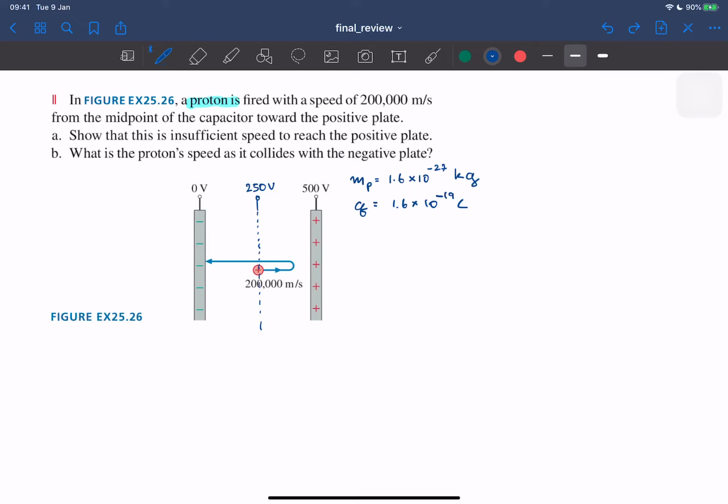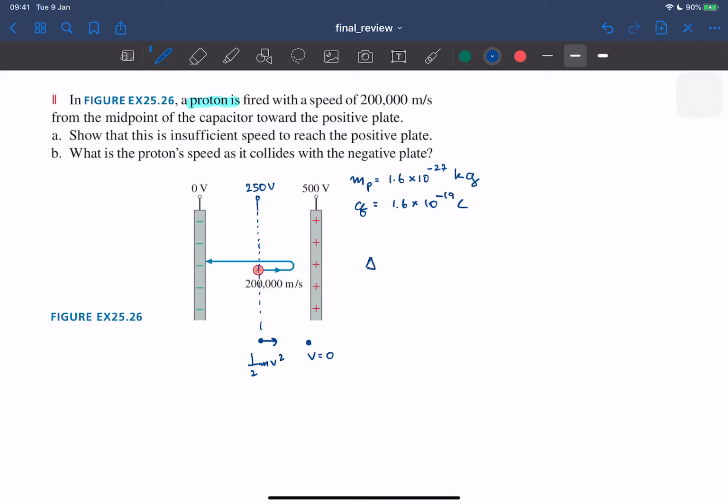So let's calculate how much speed you need in order to reach the 500 volt side. So you can just say, okay, let's say this is 1/2 mv square, and in the end it's gonna stop here. Let's say it stops just before 500 volt. So at this point, there's no kinetic energy, so v equal to 0. Right, so kinetic energy becomes potential energy. But how much potential energy do you gain? Well, that's going to be the difference between the potential here and here times the charge, right?